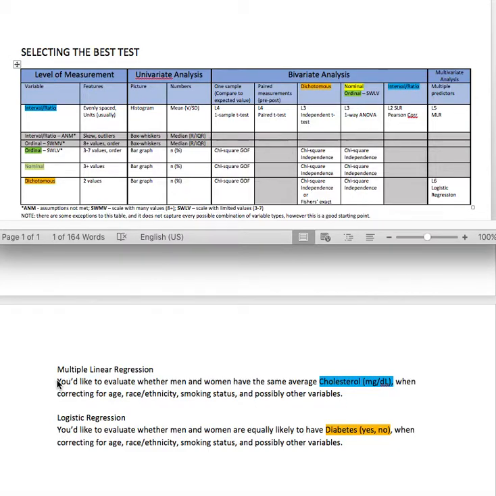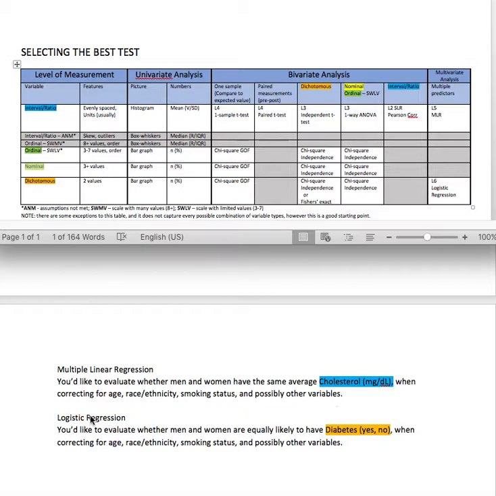And so here's the scenario that we had above for an independent t-test. You'd like to evaluate whether men and women have the same average cholesterol. And here's the multiple part. When correcting for age, race, ethnicity, smoking status, and so on, whatever other variables you might be interested in that you might think are valuable for that analysis.